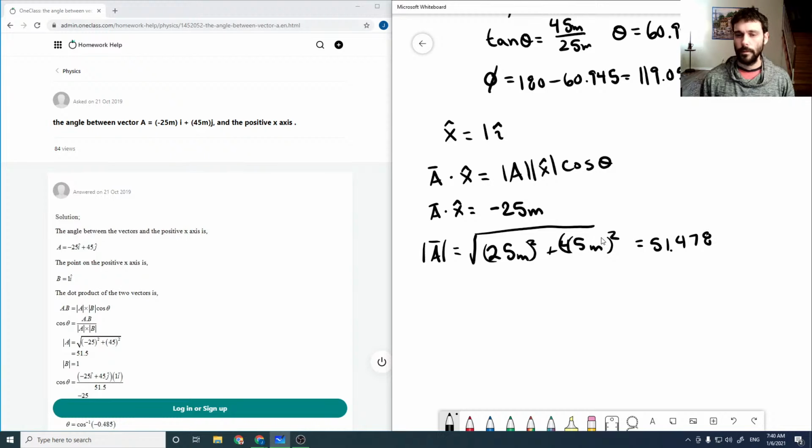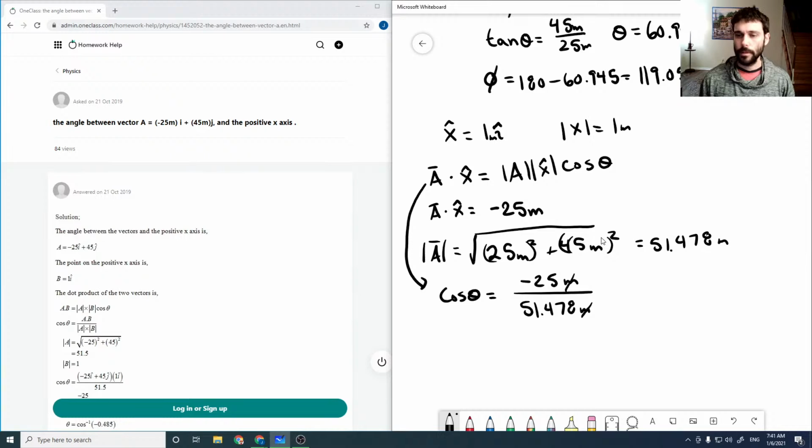which comes out to be 51.478. And so then we can rearrange this expression to say that cosine of theta is minus 25 over 51.478 meters. The meters will cancel. I should say that the length of x is 1.